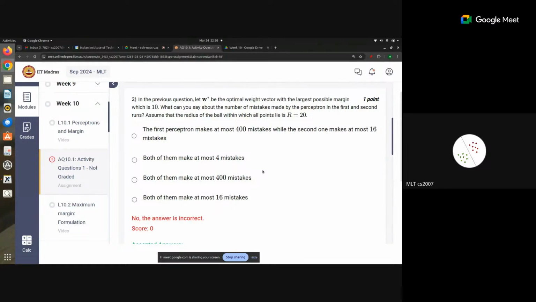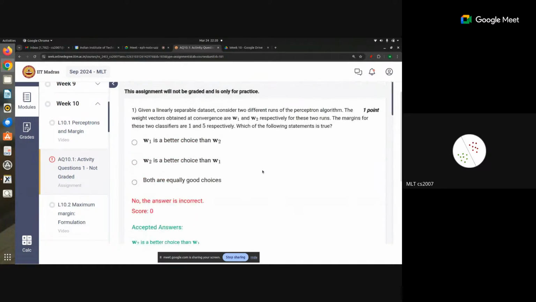I think we'll have to think about this, because these were two different runs of the perceptron algorithm, and they found some weight vectors and obtained convergence.